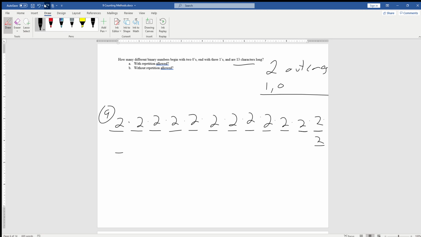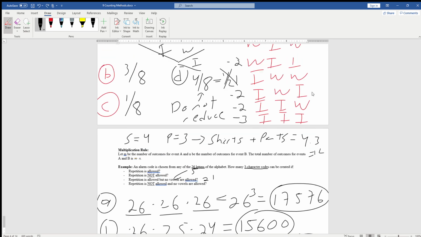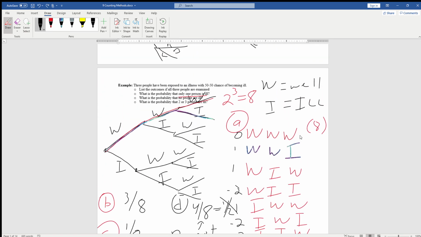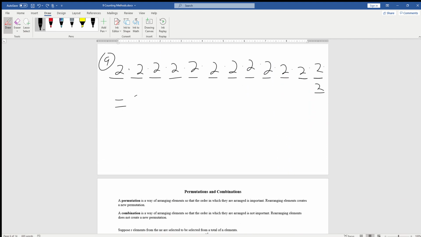Remember, a little earlier, back when we did our decision tree, we talked about the idea that if we know the number of possibilities and it stays static, and we know how many times we're picking, then we can just say the exponent is the number of times we're picking, and the base is the number of possible outcomes. So that's 2 to the 13th, and in my calculator I compute that and I get 8192.